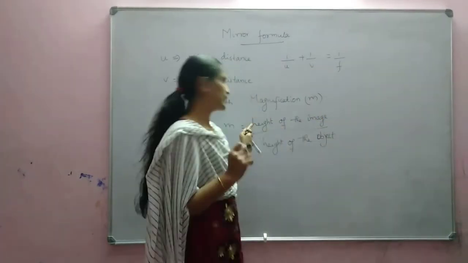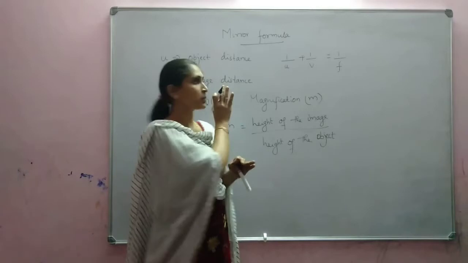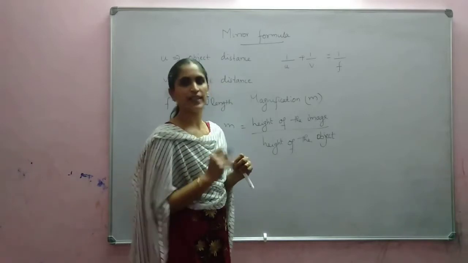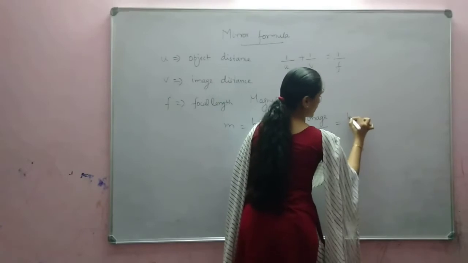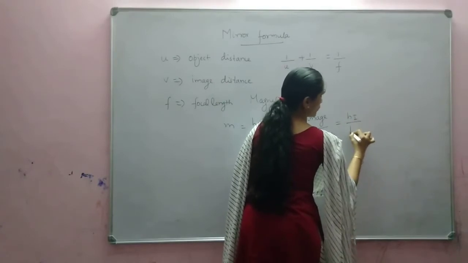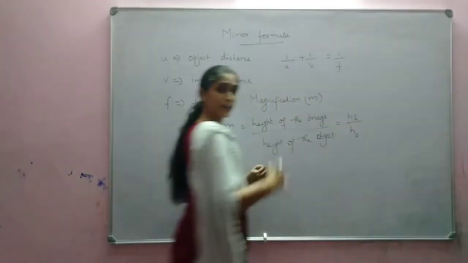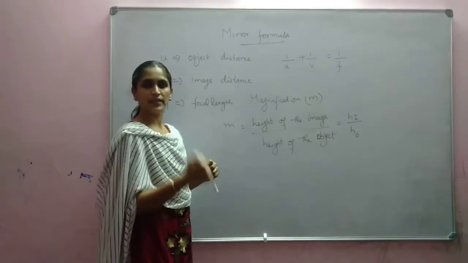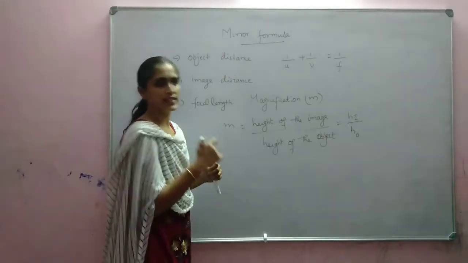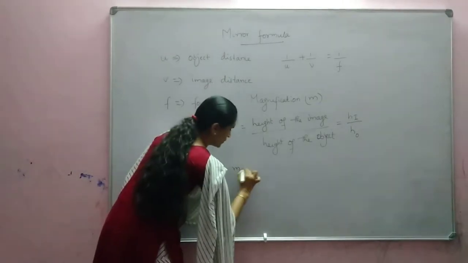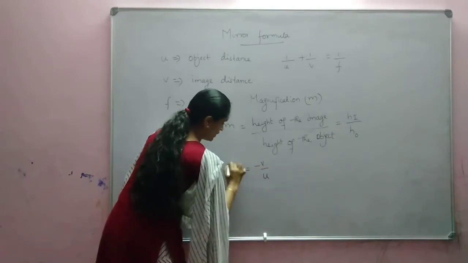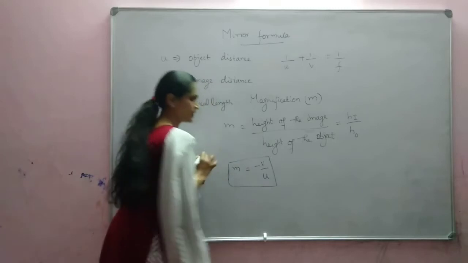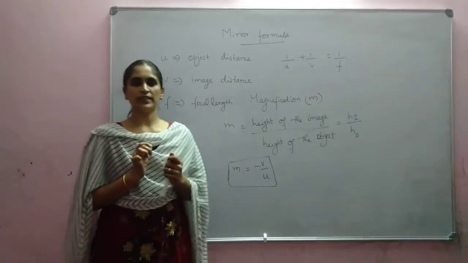And this magnification we can also represent in terms of object distance and image distance. Magnification is height of the image by height of the object, and in terms of object distance and image distance, m is equal to minus v by u, where v is the image distance and u is the object distance.